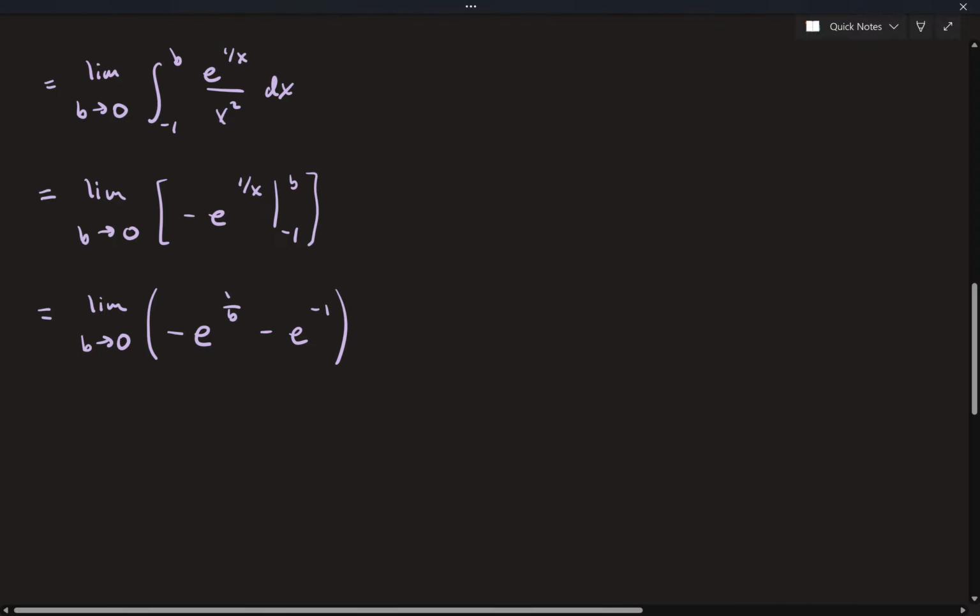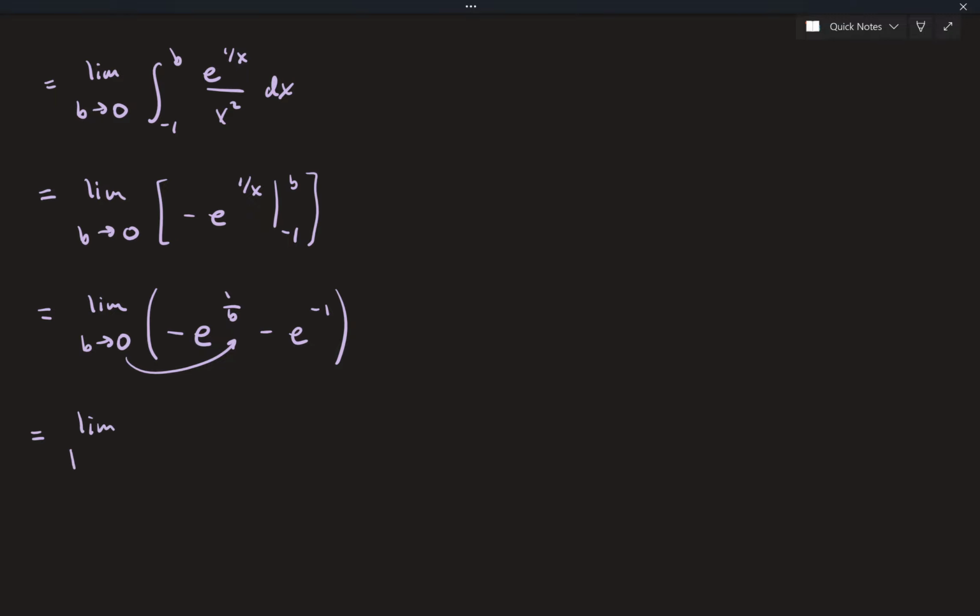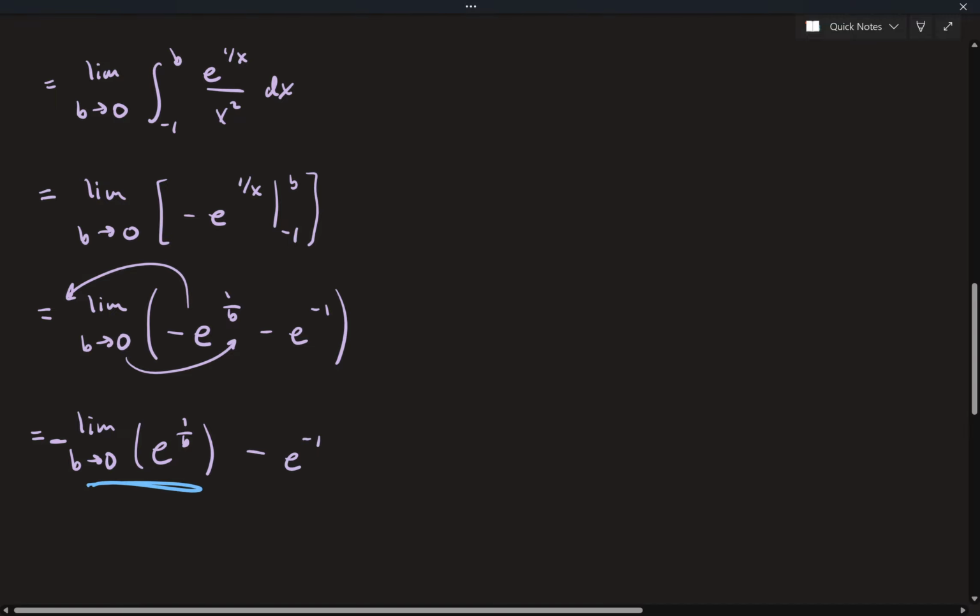And now what should I do with this? Well, I have to figure out what's going on here. So I'm going to isolate this. I'm just going to write it separately. Negative out here, I'll pull that out. E to the 1 over b. And write this on the side so that I can think about this a little clearer, because it's written by itself now. 1 over 0 we know goes to either plus or minus infinity.